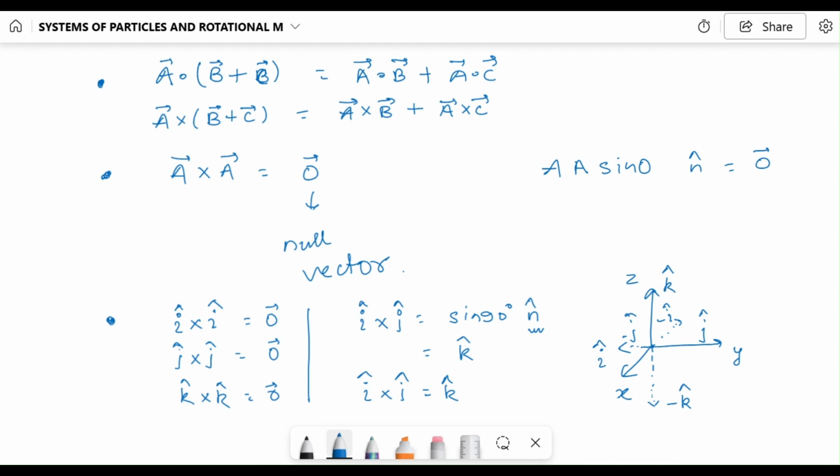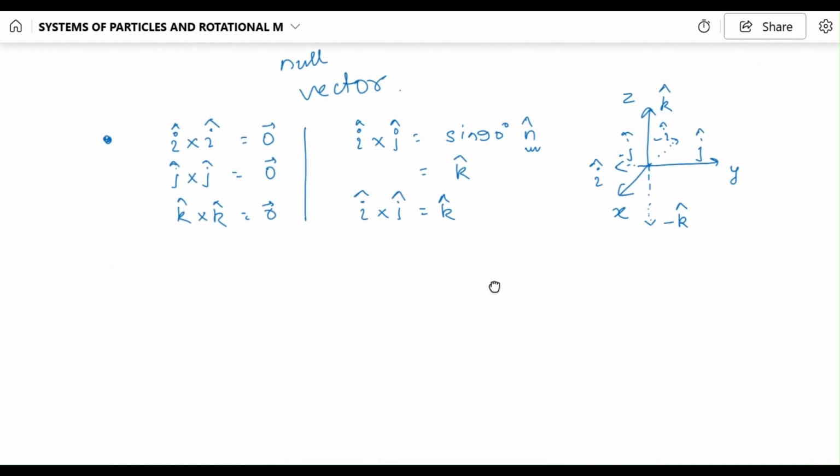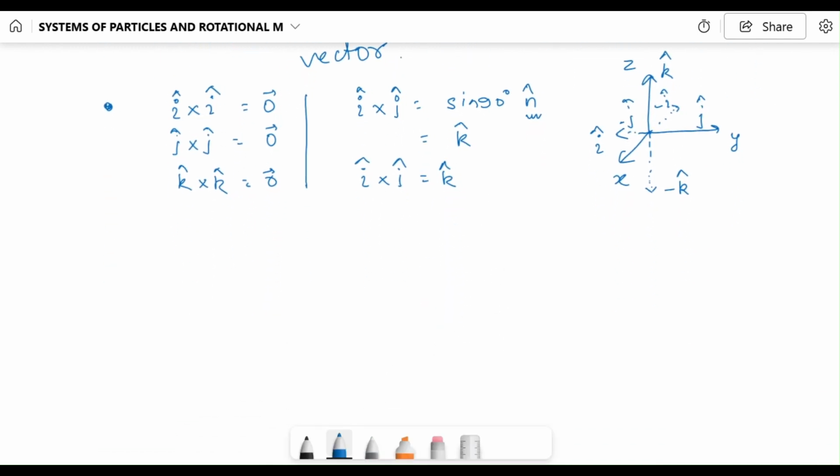Now what about j cross i? I'm just doing it in the opposite way. So j cross i is also going to give us a unit vector, but that unit vector will be just opposite to this k cap, that is minus k cap. So here we have the cross product of two unit vectors in the Cartesian coordinate system.